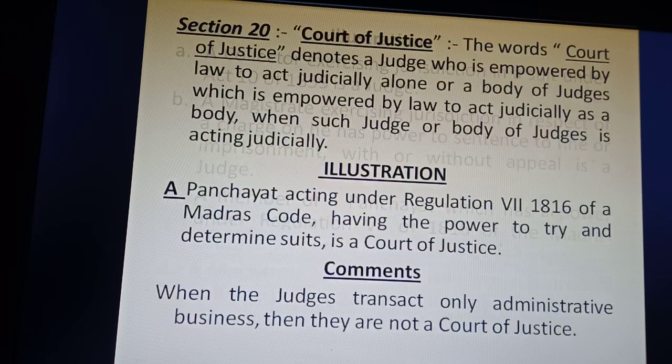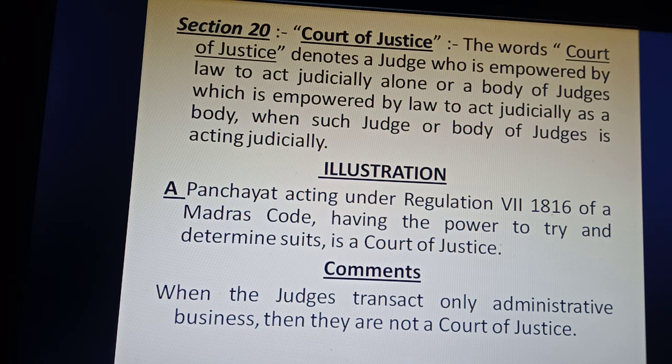Now let us discuss section number 20 of IPC. Court of Justice, as the name suggests, denotes when a judge or body of judges are acting judicially.